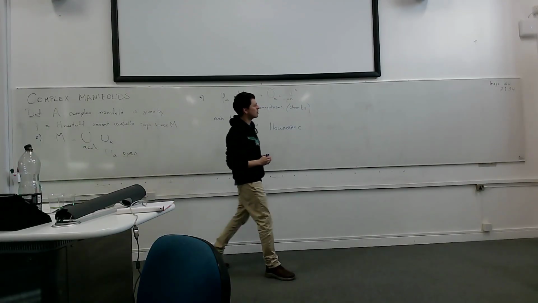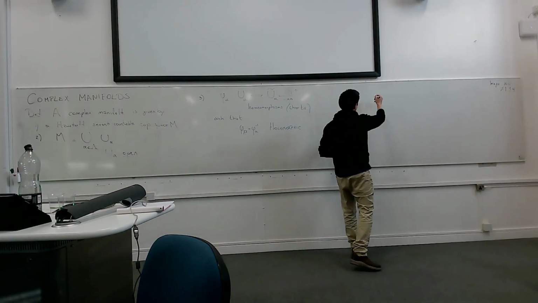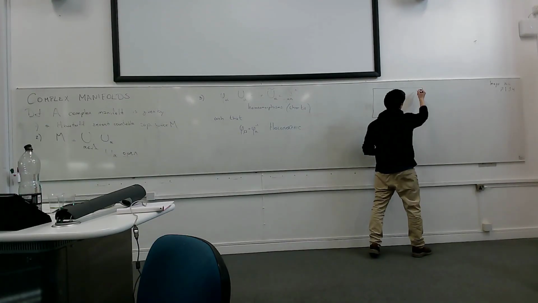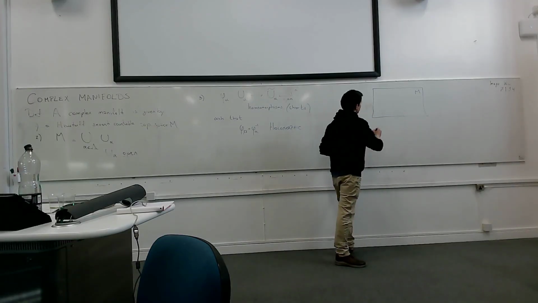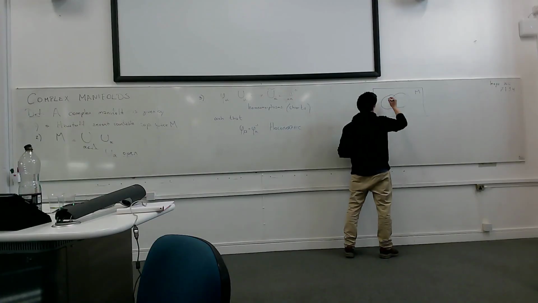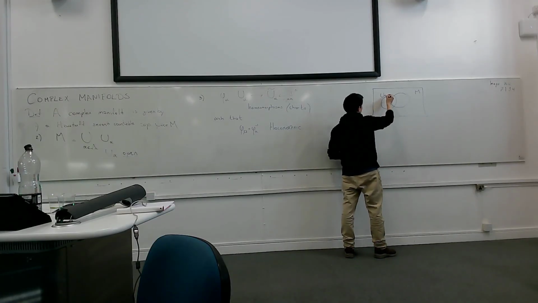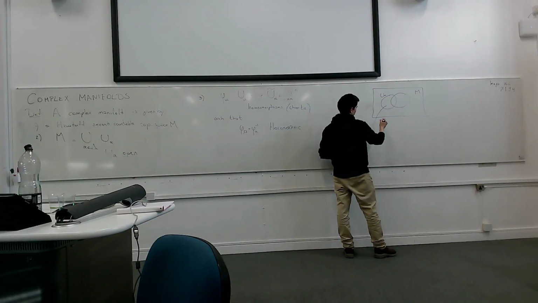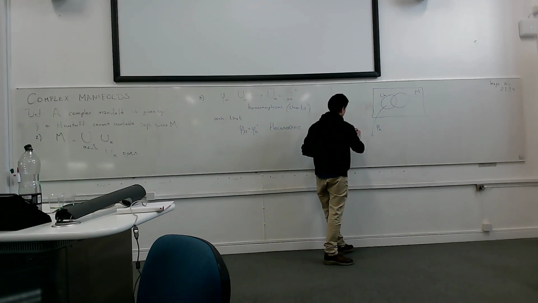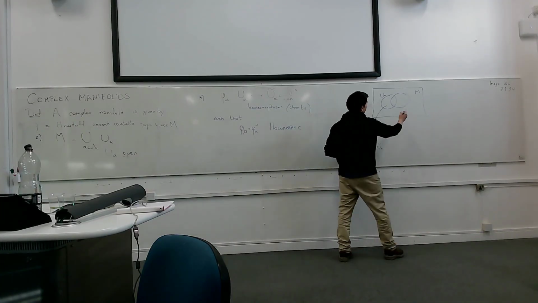So the picture is like this. We have some topological space M, and then we have a cover of the topological space by open sets. Let's say this is U alpha. Each of these sets is homeomorphic to an open set in Cn. So here we have Cn, and we have the U tilde alpha.